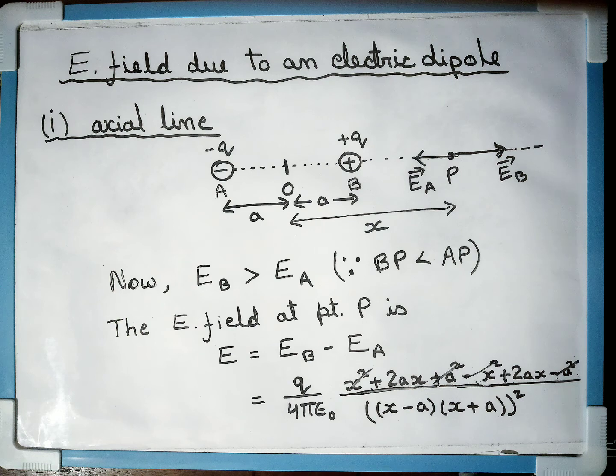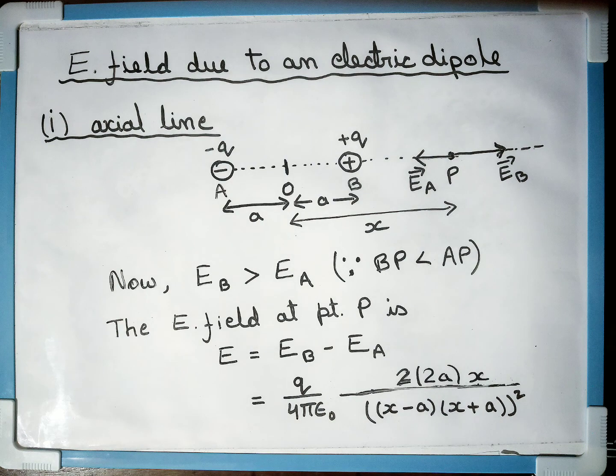Then we cancel x square and A square: x square minus x square, A square minus A square. So we're left with 2ax. Then in the denominator we have (x minus A) into (x plus A).